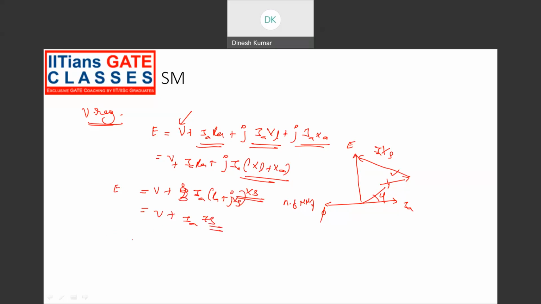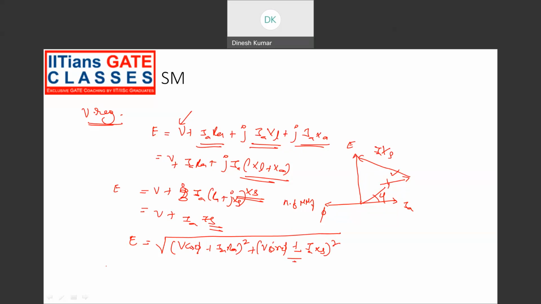The other way of writing the expression for E, from the phasor diagram, is E equals square root of (V cos phi plus Ia Ra) whole squared plus (V sin phi plus or minus Ia Xs) whole squared, where phi is the load power factor angle. So plus or minus depends upon the type of load. Is it a lagging load or a leading type of load?